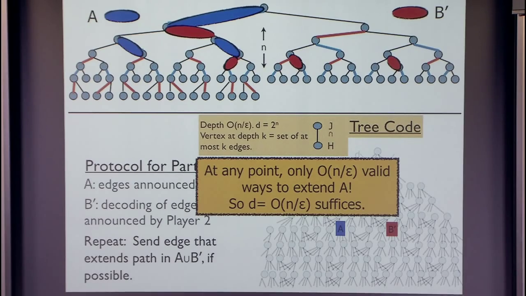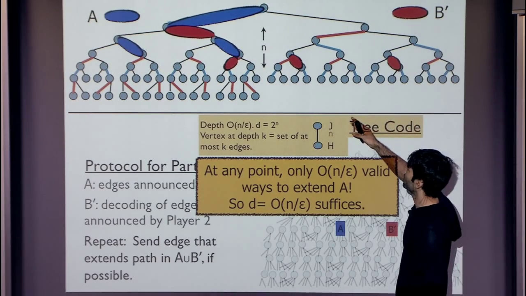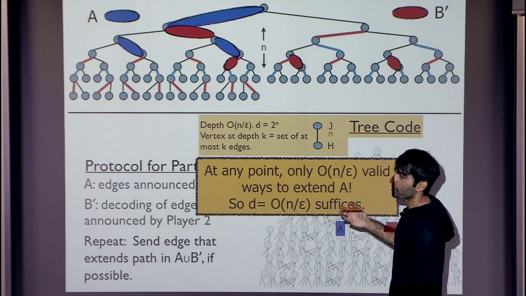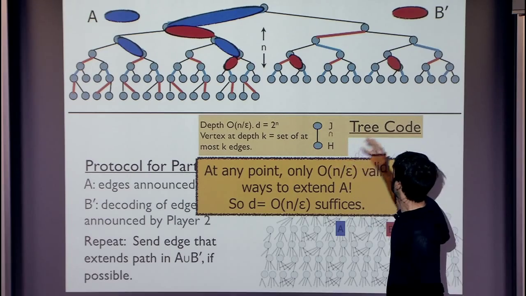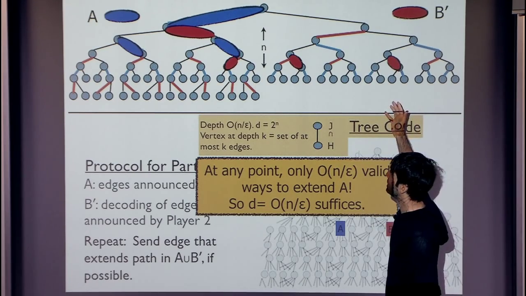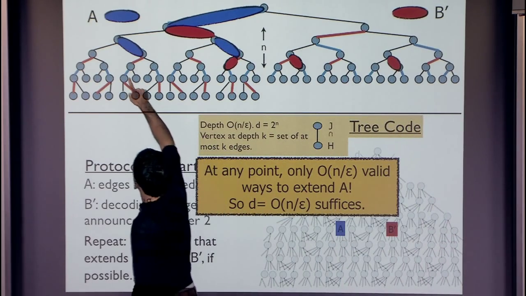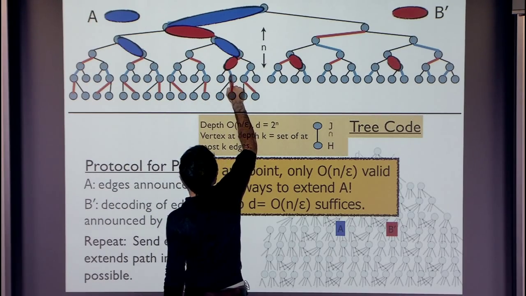That's one thing that cannot happen. But another observation you can make is that if this is a set of edges that have been announced so far, in every step, each party will announce only an edge that's close to some edge that he announced before, right? From A's perspective, no matter what set of edges B prime that he sees, he might announce this edge or this edge or this edge or this edge.